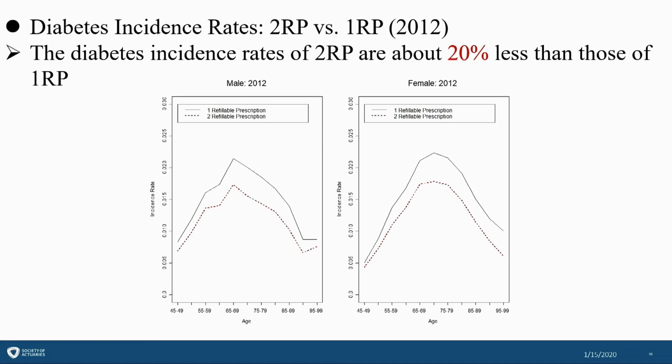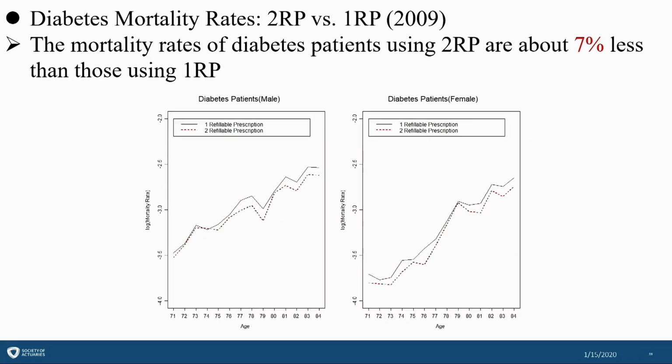Let's see the diabetes incidence rate, 2 RP versus 1 RP. The diabetes incidence rate of 2 RP is about 20% less than that of 1 RP. The mortality rate of 2 RP is about 7% less than that of 1 RP.